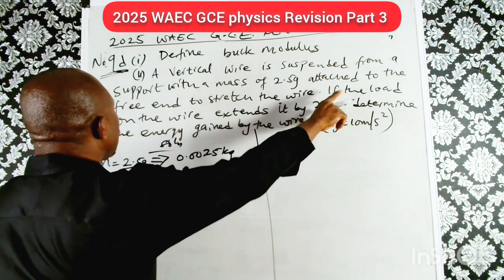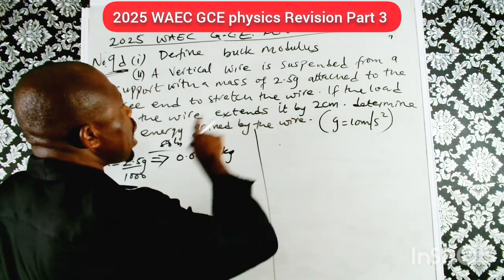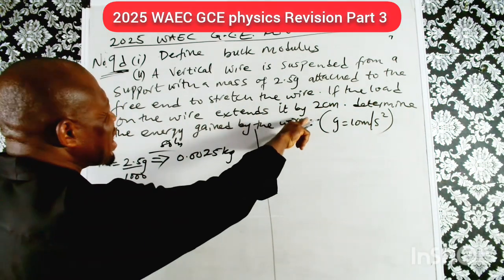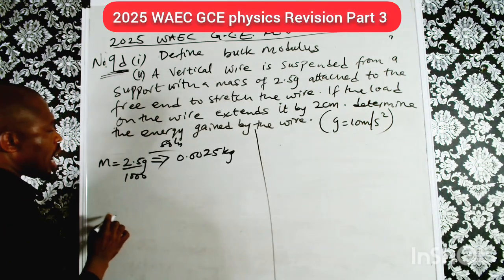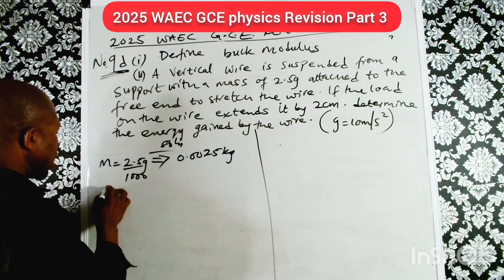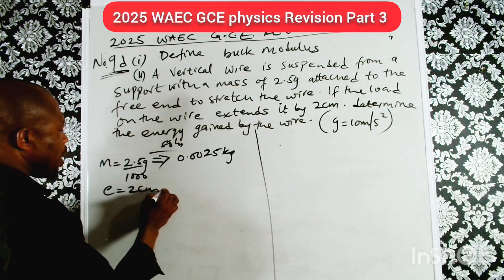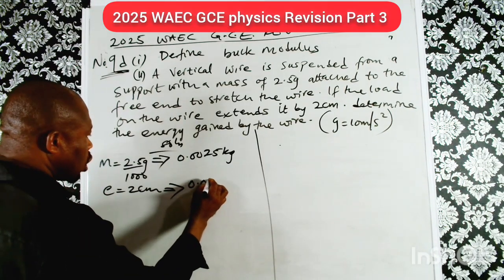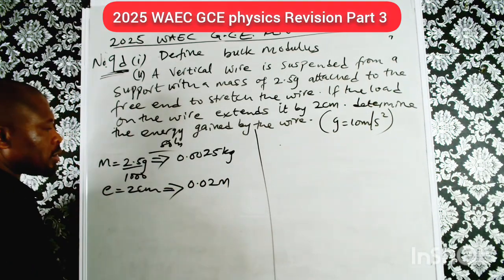Now, the load on the wire extends it by 2 cm, so the extension is 2 cm. Move it to meters, which gives us 0.02 meters.